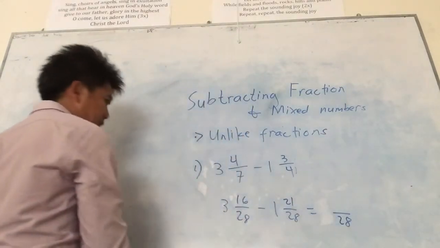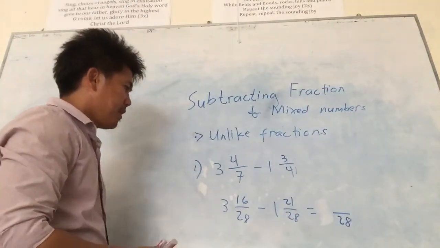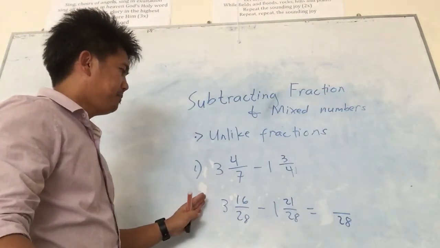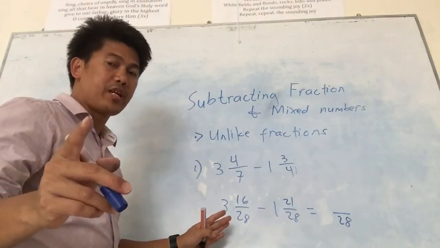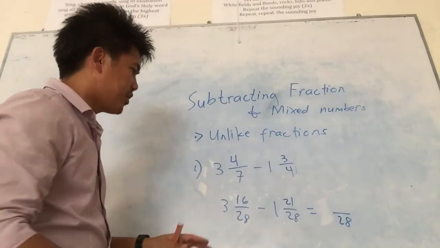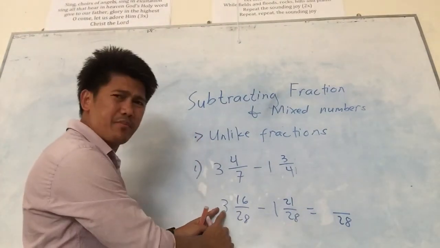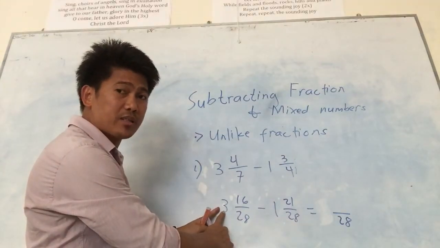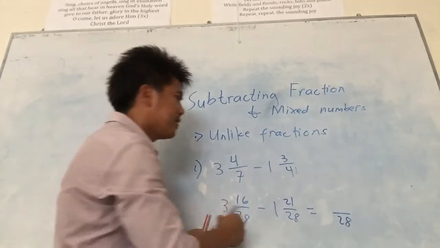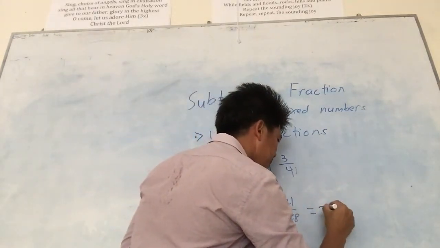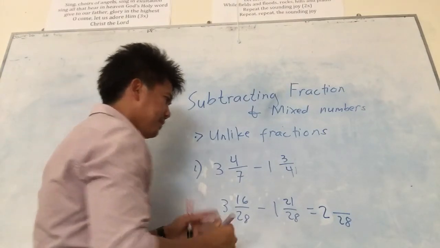Okay, so how do you do that? Okay, now for this one, listen very carefully. What you need to do is you subtract 1 from 3. Whatever the number here, you have to subtract 1. So in this case, that's number 3. Subtract 1, that's 2. Okay? 2. Alright.